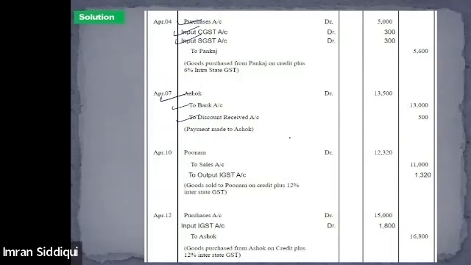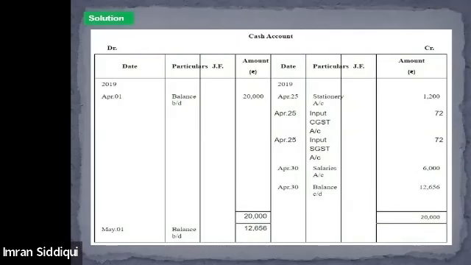Also tell me whether you were able to prepare the ledger for this question, yes or no? Yes, sir. Ledger is also okay. So is that the closing balancing figure you are getting for the cash account? 12,656. Guys, tell me, should the CGST and SGST be included in the cash account?